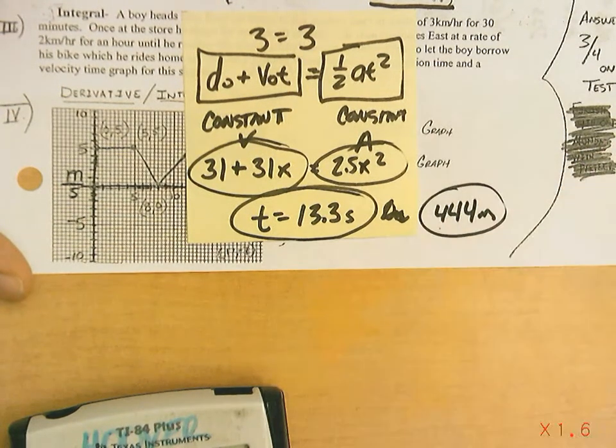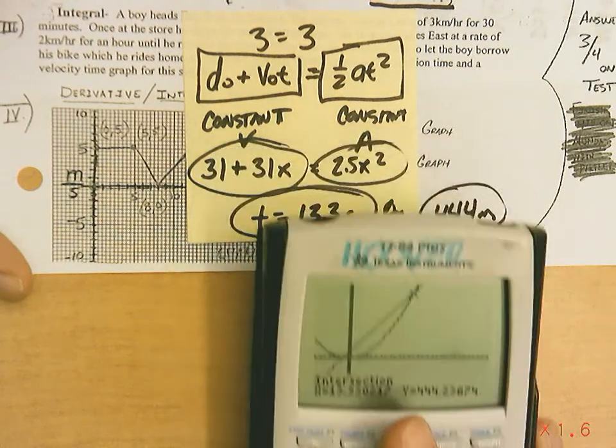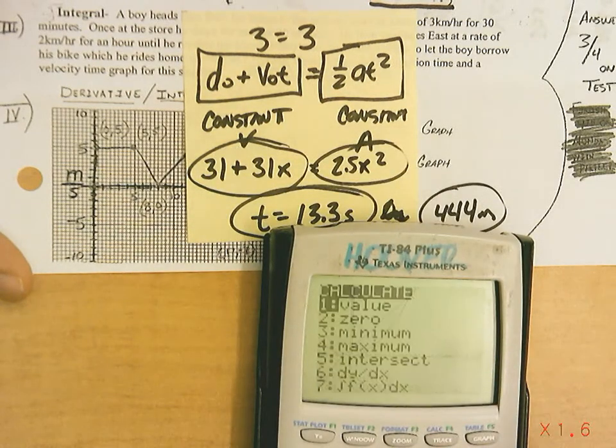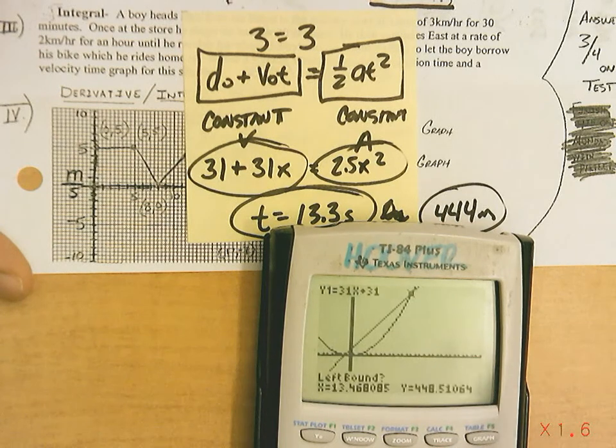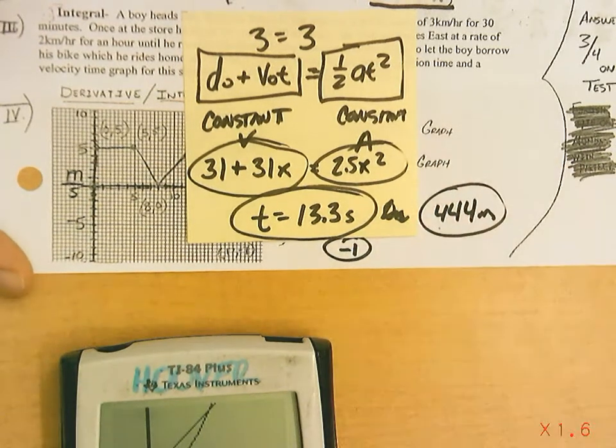So D and T. Easiest way to do it, intersect it. Strongly recommend it. In fact, if we go through and find this negative root, surprisingly, you will find it occurring at -1. So that's -1 seconds and 13.3 seconds.